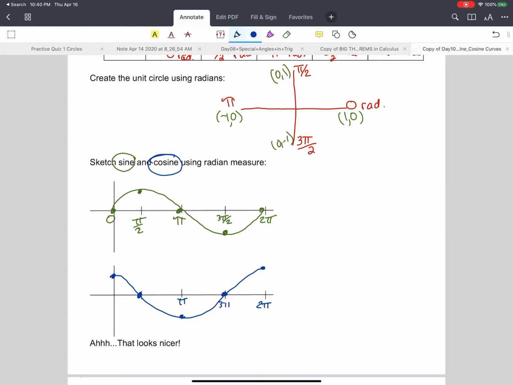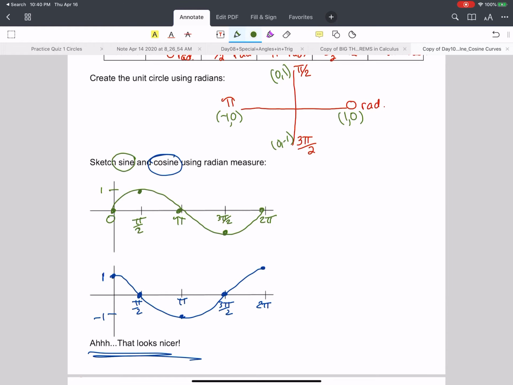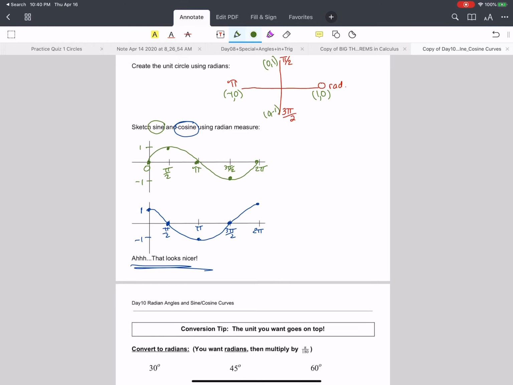Pi, 3 pi over 2, pi over 2. That does look much nicer when it's in radians because, oh, I messed up. I need to put a 1 here and a -1. Bad woman. But I heard you telling me. 1, -1. There you go. Now we're good.